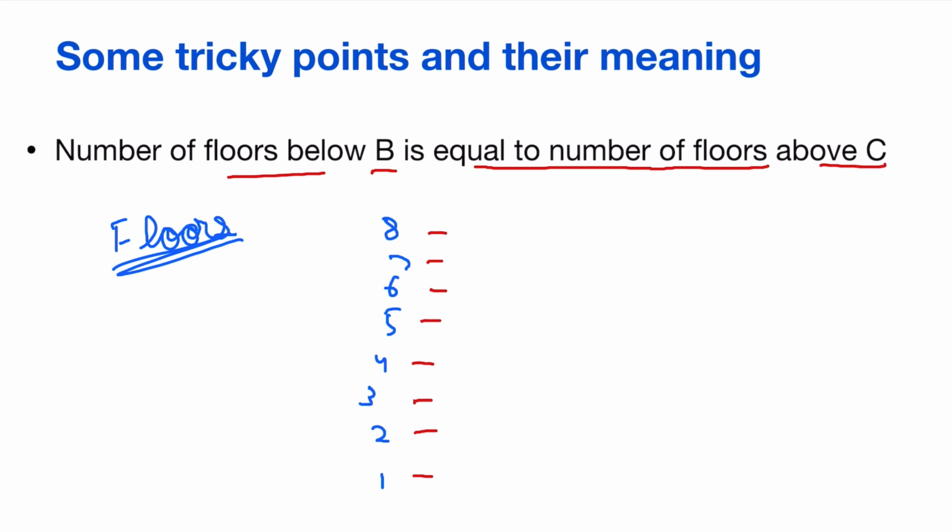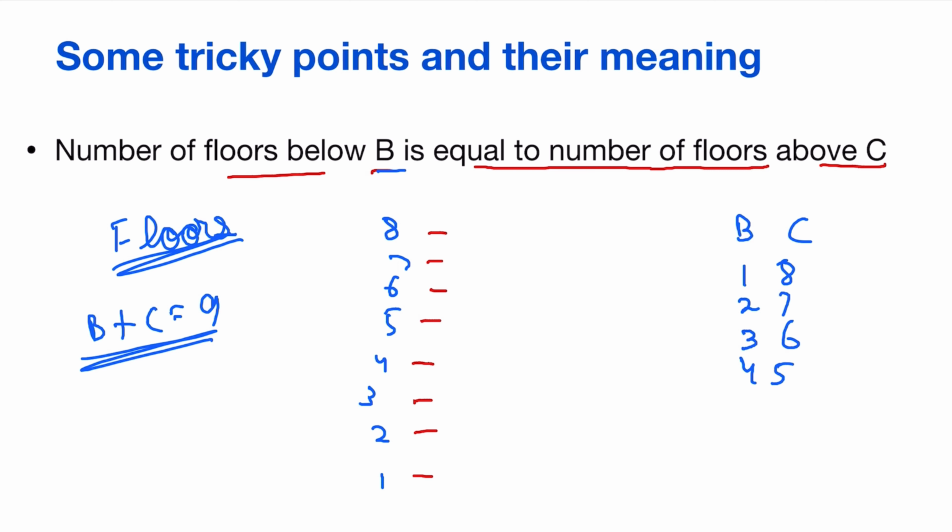Now I know that if the statement is saying that the number of floors below B is equal to the number of floors above C and the total number of floors is 8, then B plus C's position should be equal to 9. Once again, this means I can place them at 1 and 8. So I can place B and C at 1 and 8, 2 and 7, 3 and 6, 4 and 5, and that's it.